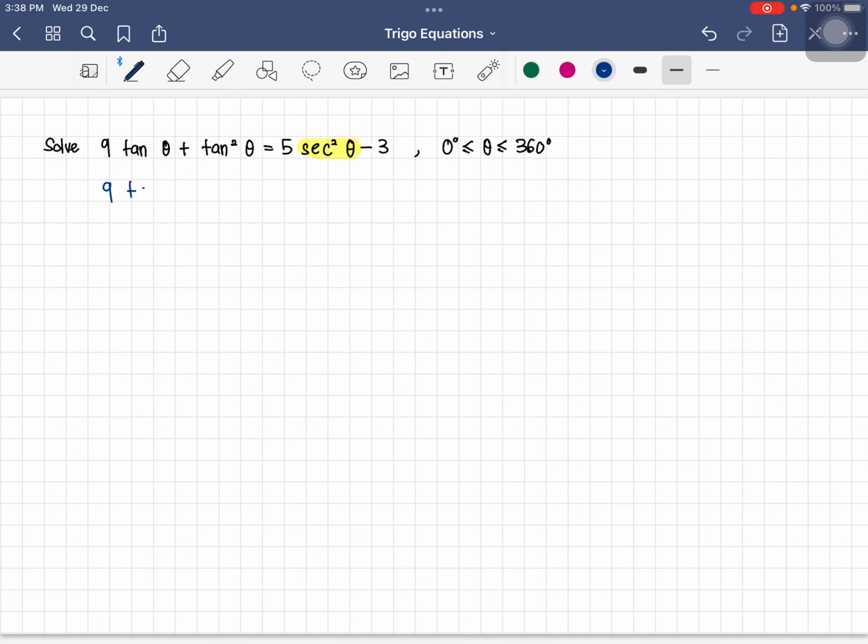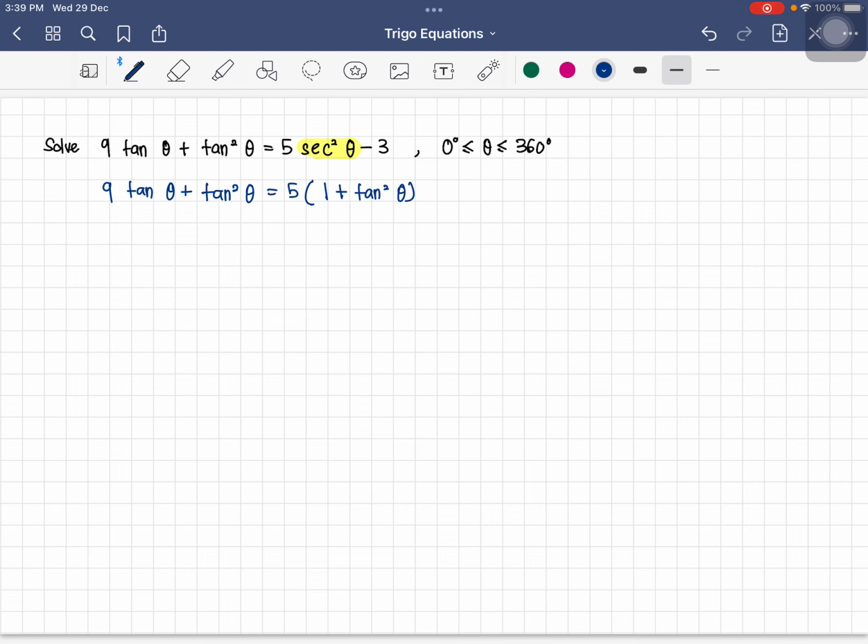Let me simplify this first: 9 tangent theta plus tangent squared theta equals 5. You need to change the secant squared in terms of tangent. Let's recall that secant squared theta is given by 1 plus tangent squared theta.